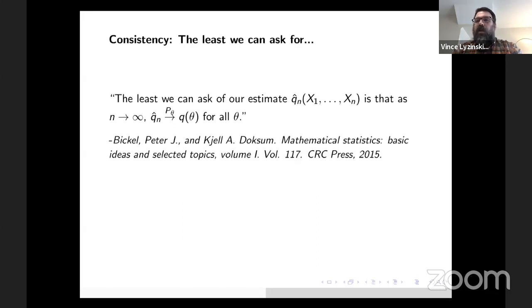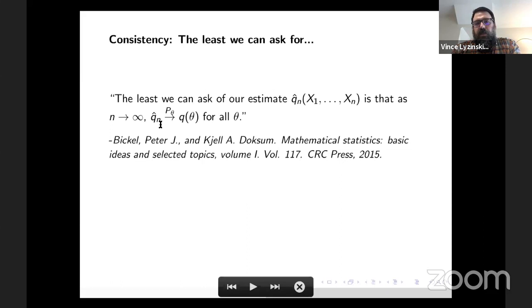But after a while, we said, okay, if we're going to put a nice rigorous statistical background on this, we should start with the notion of consistency. This is the first thing we could ask for from a statistical perspective. This is the textbook I learned basic introductory statistics from, Bickel and Doksum. And there's a lovely quote in the book that says, the least we can ask of our estimates is that as n goes to infinity, we have consistency.